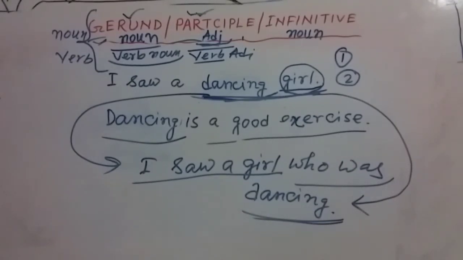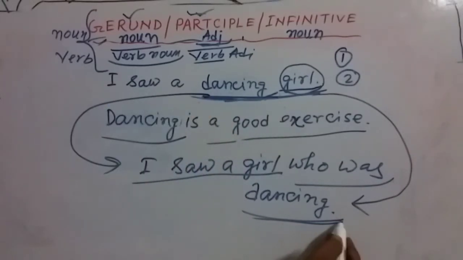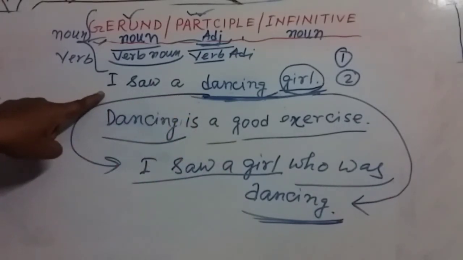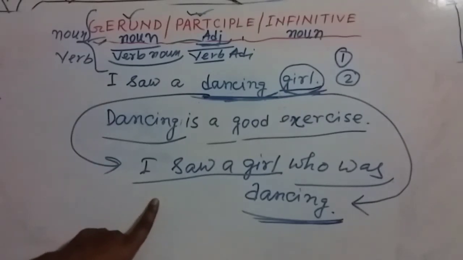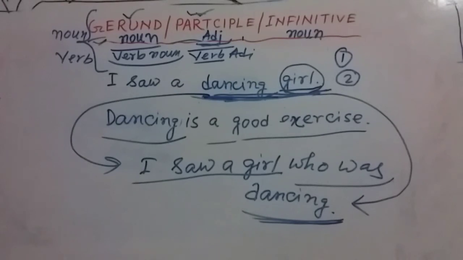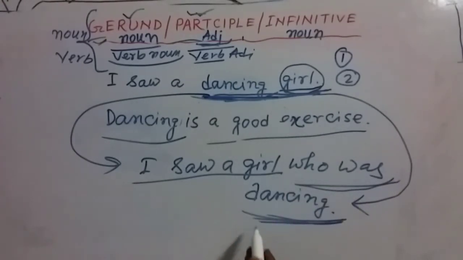In a noun clause, if it is a gerund, you cannot change it in this way. That will be unnatural. That will be meaningless. But here it is meaningful. The meaning is the same. I saw a dancing girl. I have written here, I saw a girl who was dancing. That means the same thing. Just with these two words, I have made another clause, another adjective clause.